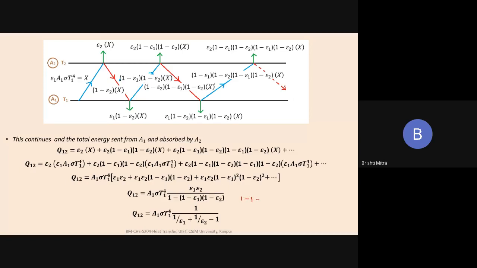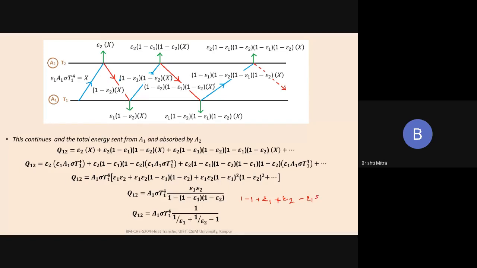And this would be 1 plus epsilon 1, plus epsilon 2, and then I multiply epsilon 1 epsilon 2 with a negative sign now. So this would be minus epsilon 1 epsilon 2.